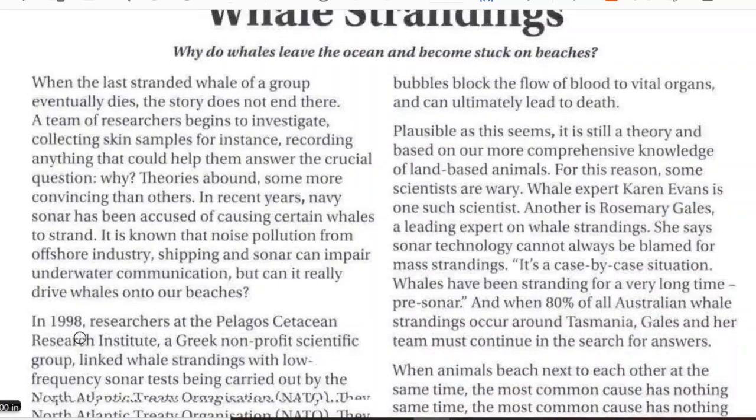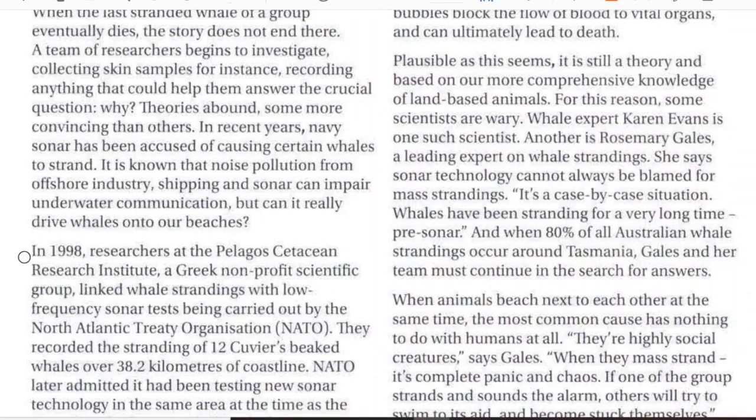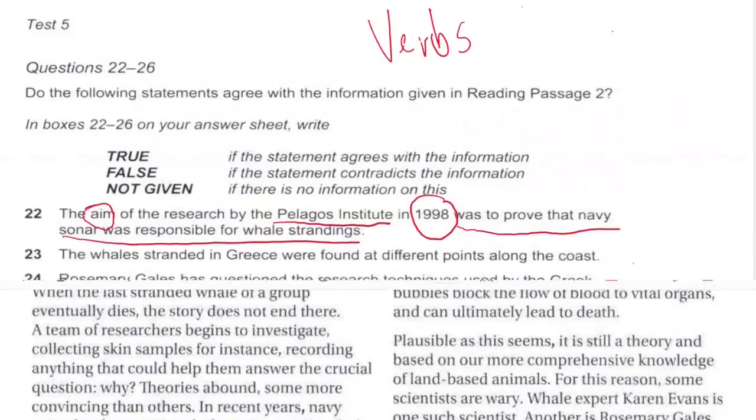And here we have the keyword. 1998 researchers at the Pelagos Research Institute, a Greek non-profit scientific group, linked whale strandings with low-frequency sonar tests being carried out by the Northern Atlantic Treaty Organization. In the question we have the Navy, and here we have the NATO. The most important word in the question was the aim.